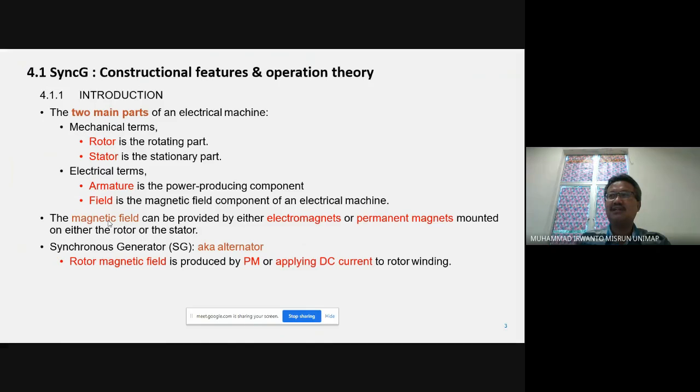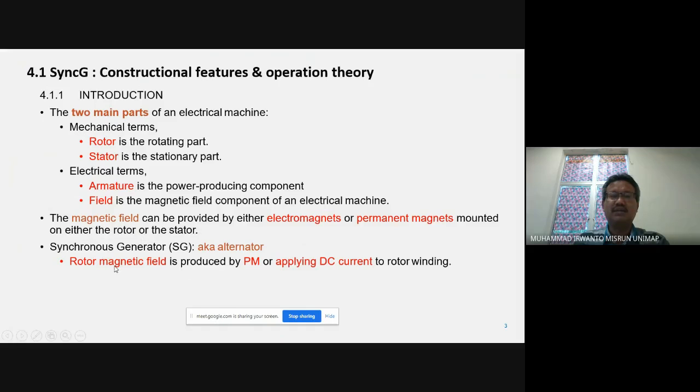The DC current flows through the winding in the rotor, and because the rotor is moved by the prime mover, the rotor will generate the rotating magnetic field. The synchronous generator is also called an alternator.